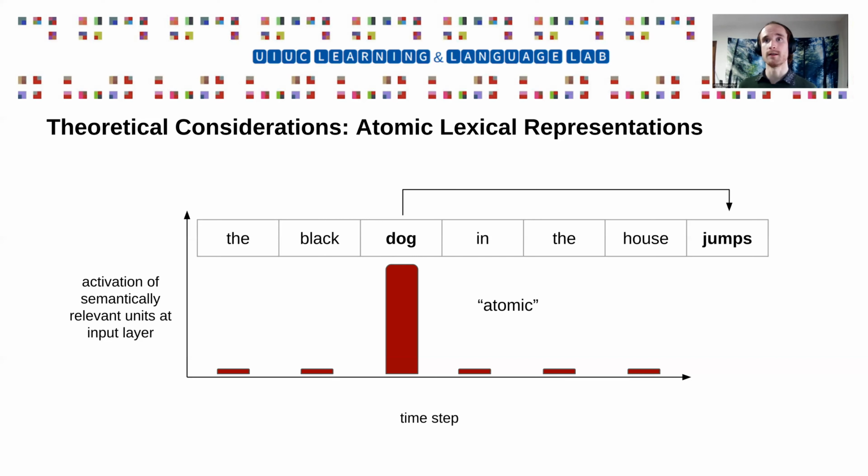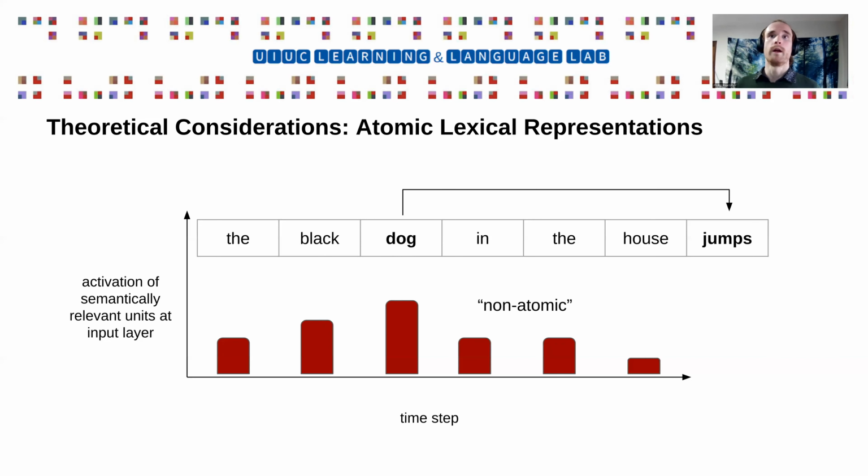So contrast this to a non-atomic system where dog does contribute, but only partially, right? So now this system is relying on context support, right? And in particular on neighboring words to help fully activate distributional semantic properties that are diagnostic of, for example, being in an animate category.